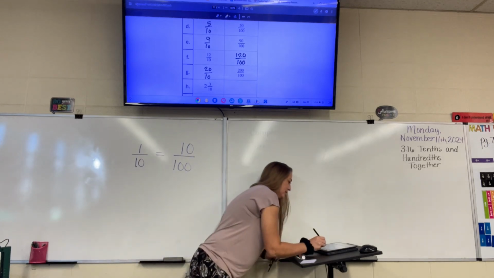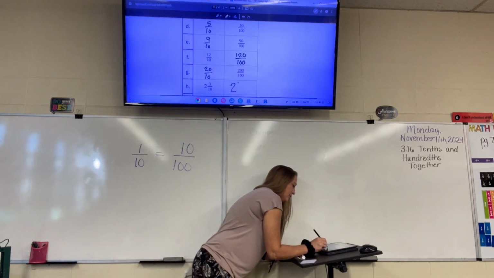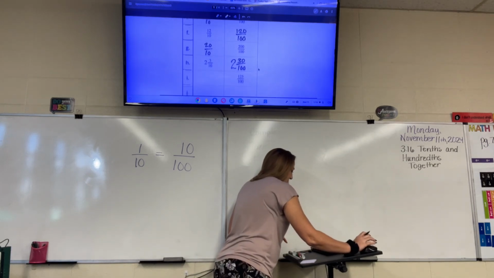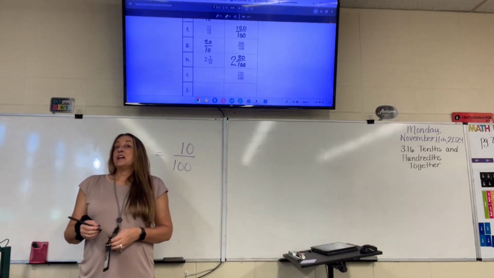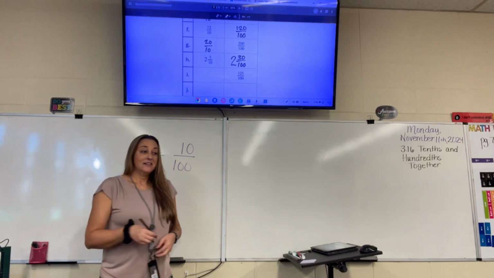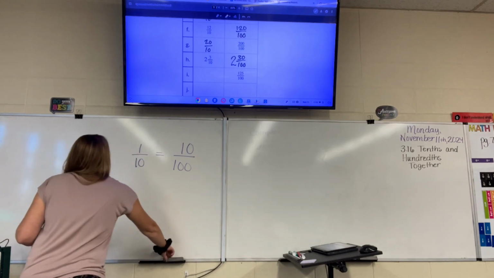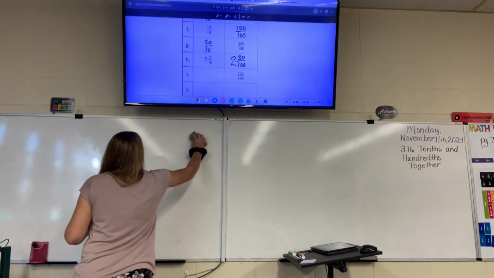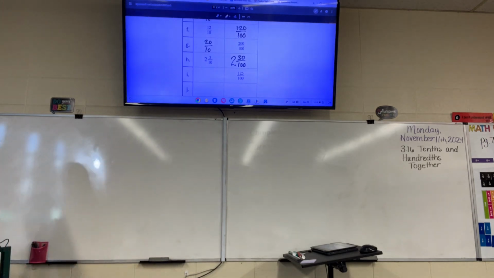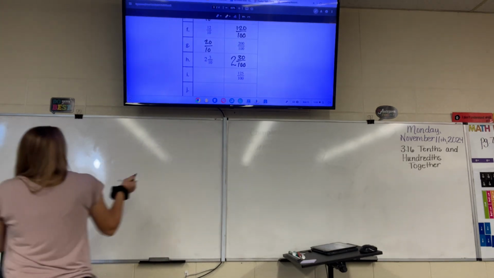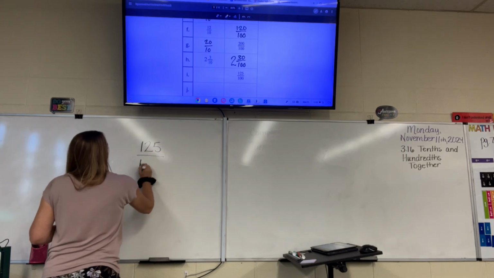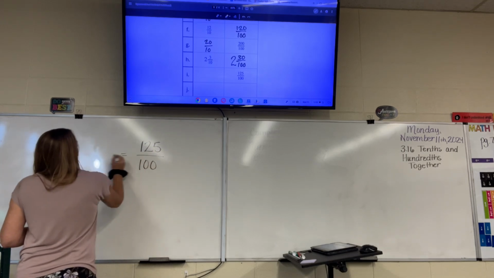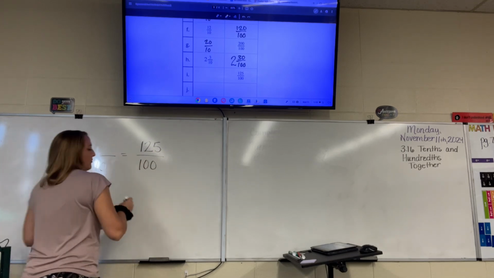Yes. 2 and 30 hundredths. Okay. The next one is tricky. I'll let you guys tell me in a second. So on this one, we have 125 hundredths, and we got to figure out how many tenths that would be.